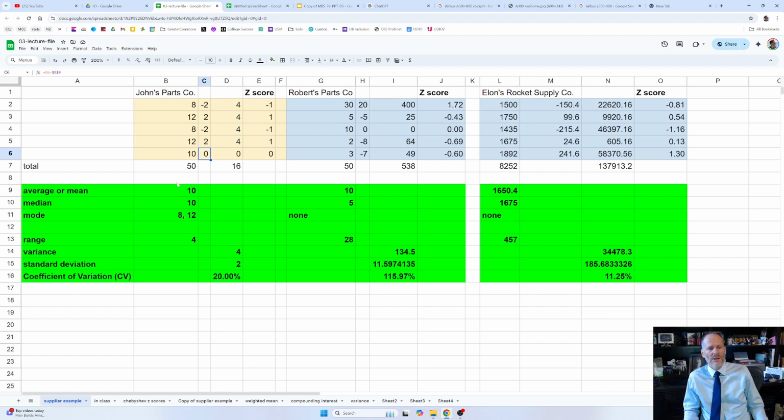So to create a formula which shows us how much the data varies, the variance, we're going to square these differences between a data point and the mean. So negative 2 squared is 4, 2 squared is 4. We're going to add all those up, and then we're going to divide, for a sample by n minus 1, and for a population by n. So 16 divided by n minus 1, 5 minus 1, 16 divided by 4 is going to be 4.